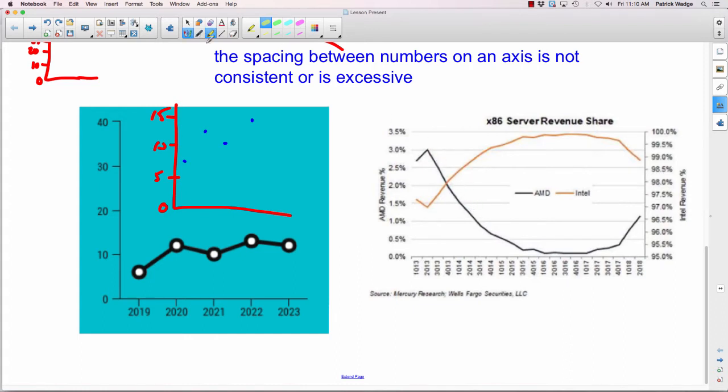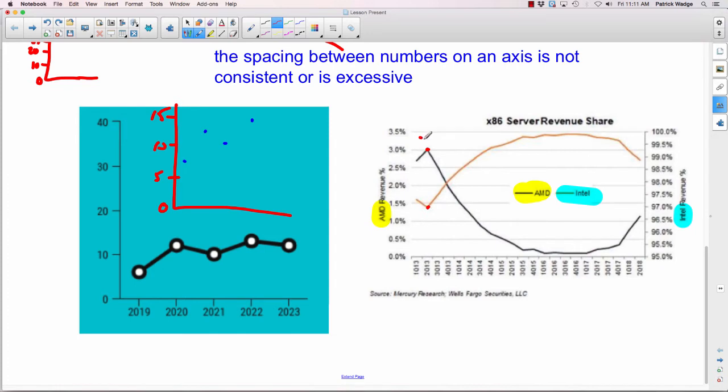Well, let's see if we can figure out how much this point represents and how much this point represents. It's actually tricky. Do you know why? Because there's two scales on this. On the left-hand side, they have a scale, and it goes with the AMD, with the black one. On the right-hand side, they have a scale, and it goes with the Intel, with the brown one. So when I'm reading the black one, which is AMD, I should be reading it using this scale.